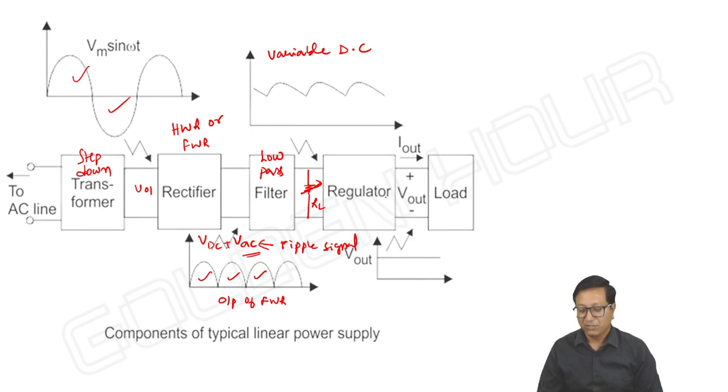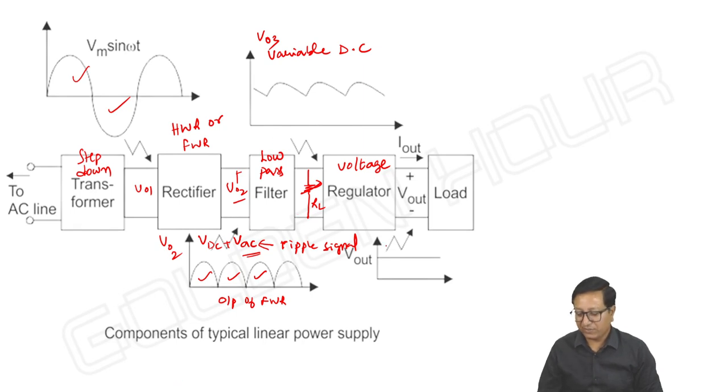So what we do, we go with the next stage to see that our output is not dependent on the load resistor. We are using a stage known as voltage regulator. To be frank, what this voltage regulator does means it maintains a constant output voltage independent of variations in its input. Variable DC is the output of the filter, low pass filter.